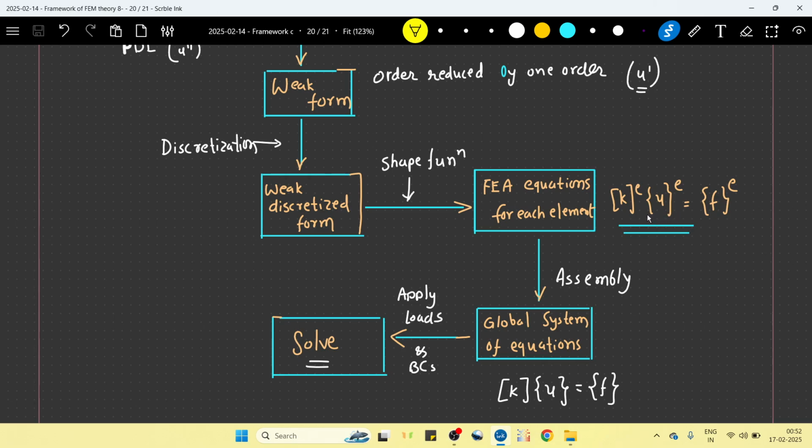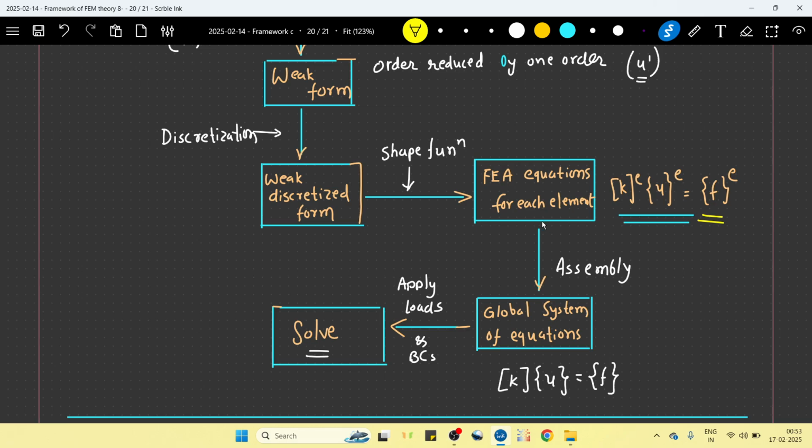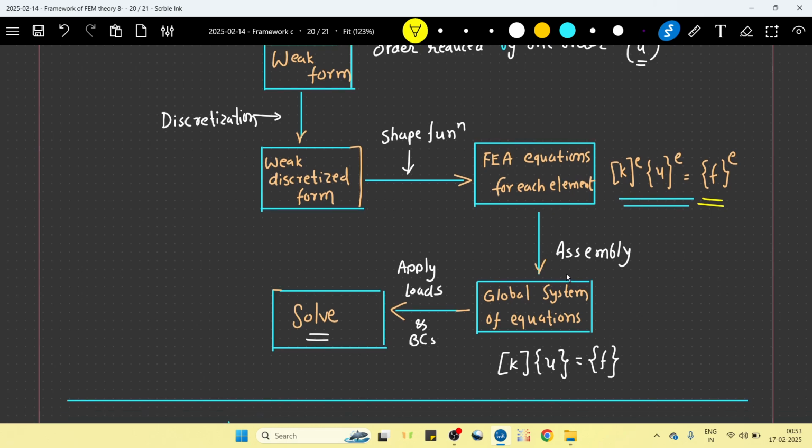Using that, we got our FEA characteristic equation for the 1D bar element, and it looks something like this: element stiffness matrix Ke times displacement vector equals the force vector of the element. This is the element's characteristic equation. Once we have an FEA equation for each element, we perform assembly.